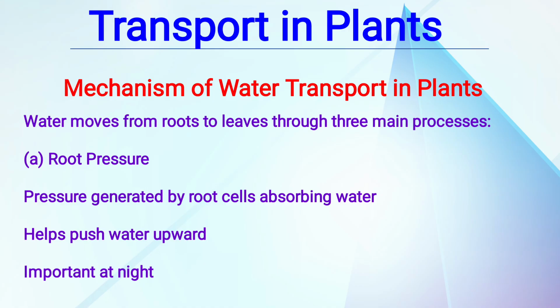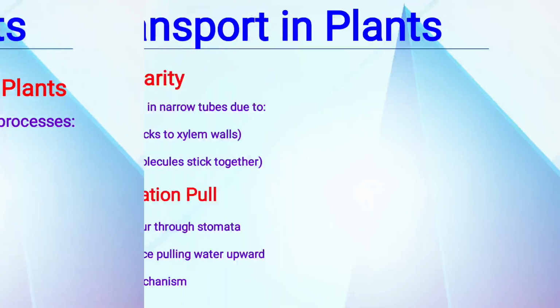Number one, we have root pressure. Pressure generated by root cells absorbing water pushes water upward, and this is important at night because of the low level of transpiration. We will still explain all these things further in our subsequent video. Now, that's number one, root pressure.